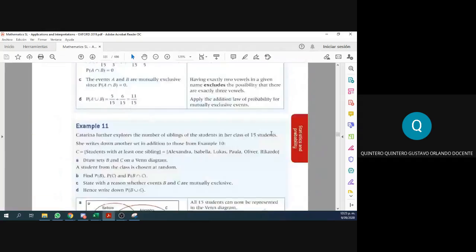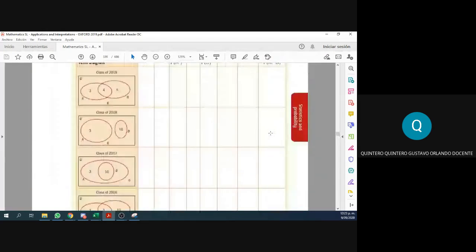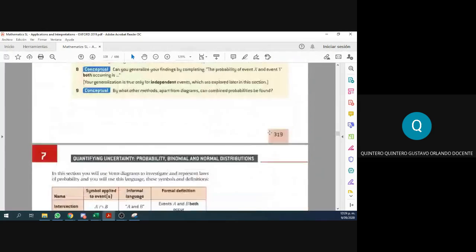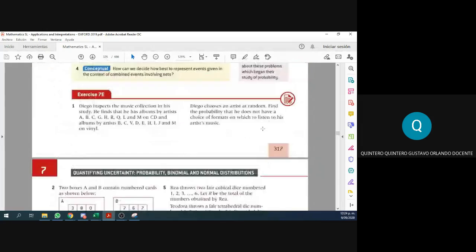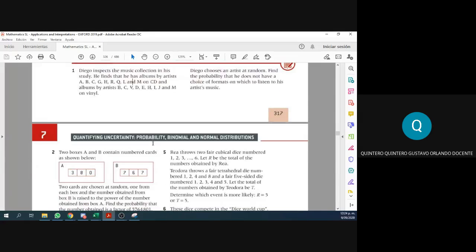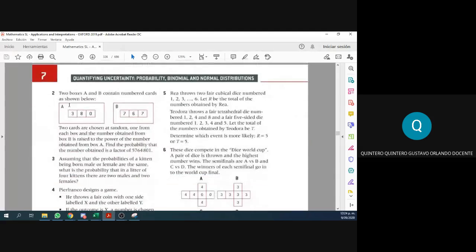Also, I said at the beginning I was going to use the time to expand on the questions for 7F. So we didn't see these ones, 7E. And these ones are pretty good. Take a look at this one. If you have the free time, take a look at number 2. It's gonna blow your mind.